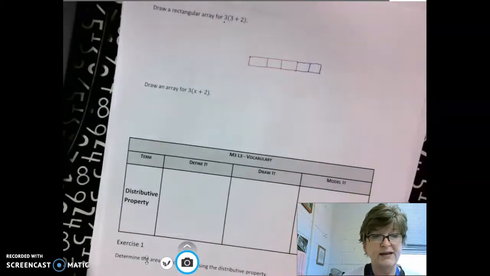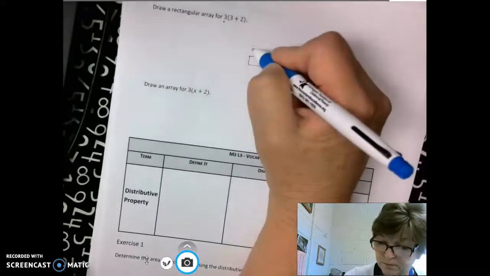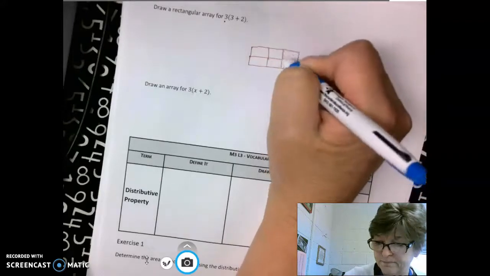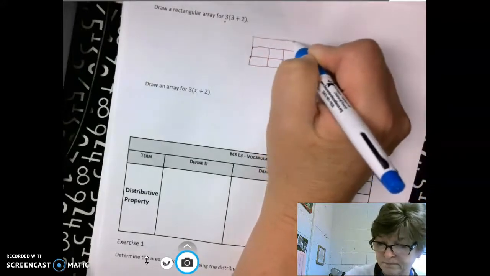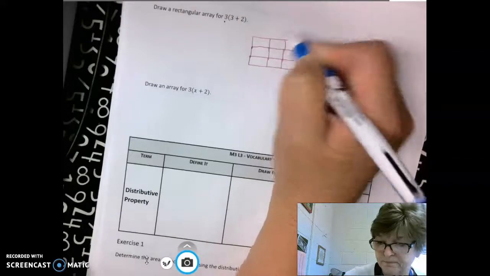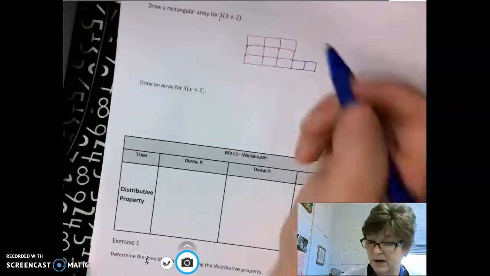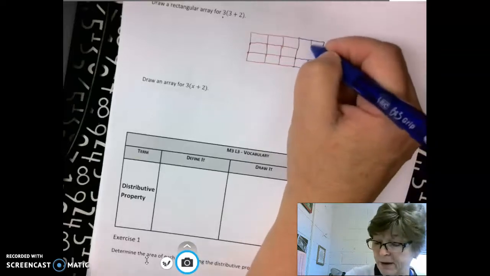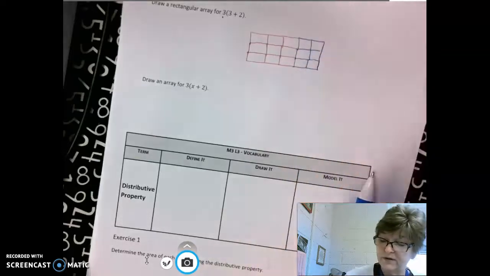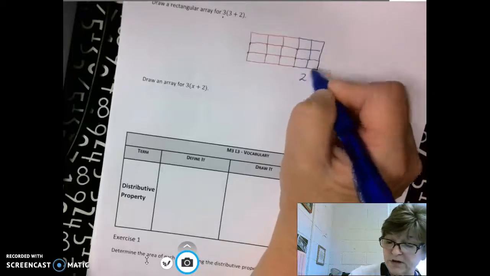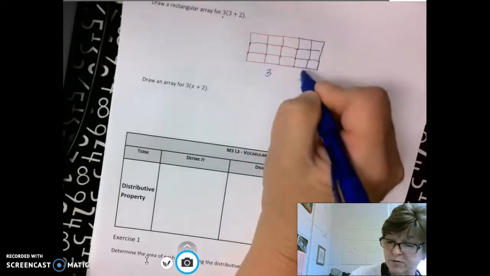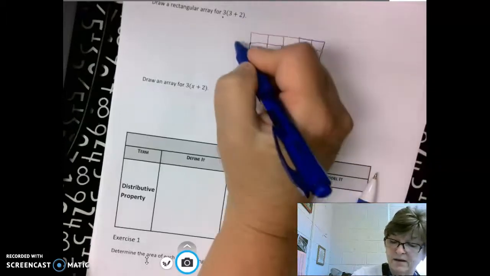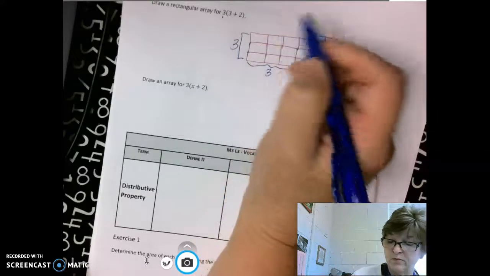We said that I need 3 of those groups. And these should all be the same size, so we may have to use our imagination if they're a little bit off. This was our groups of 2. This was our groups of 3. And there's the total.